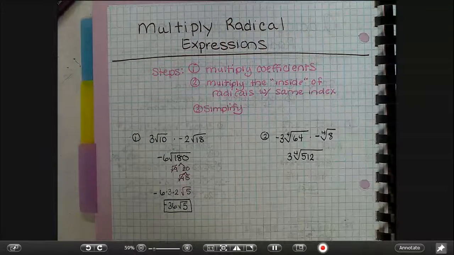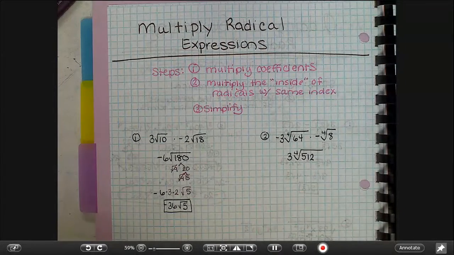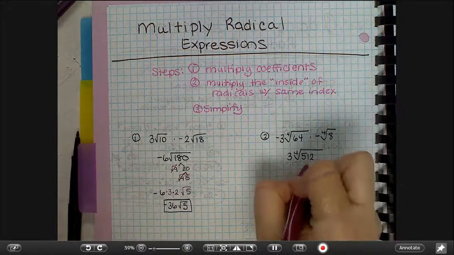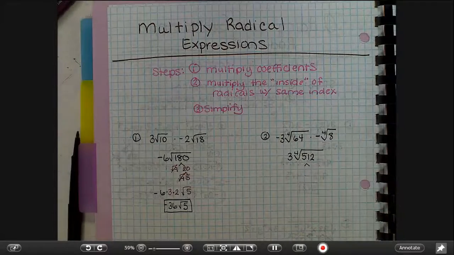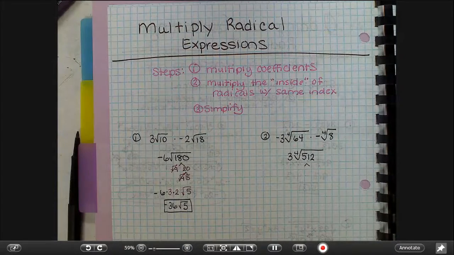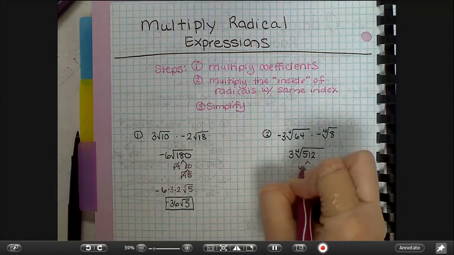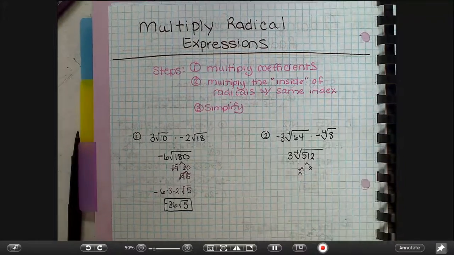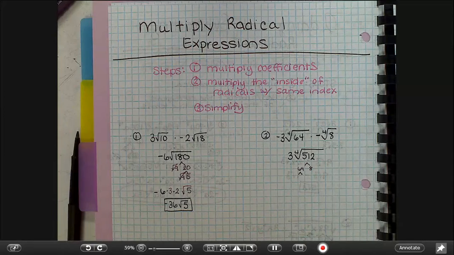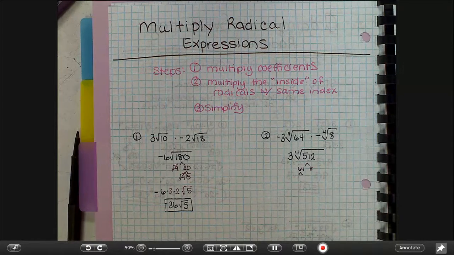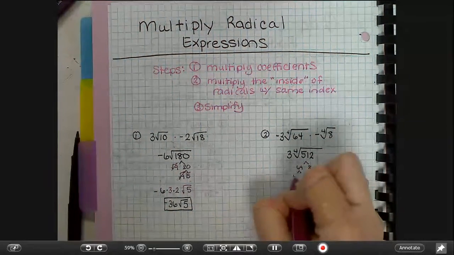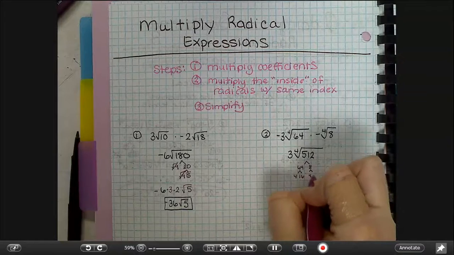is 512. Now again, I do not have the fourth root things memorized, so I'm going to do this long style. So 512 divided by, obviously 64 and 8 will work because we just multiplied those together. 64 divided by 4 should be 16, and 8 is 4 and 2.